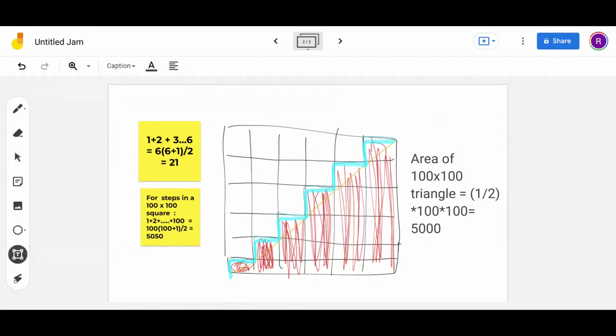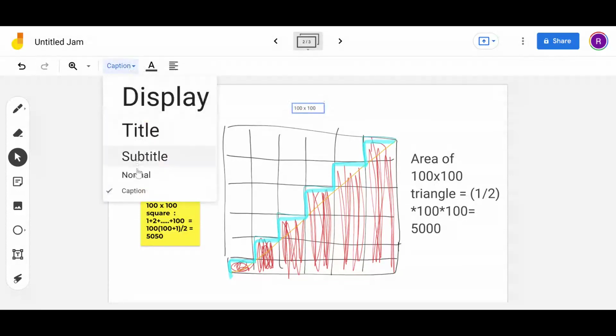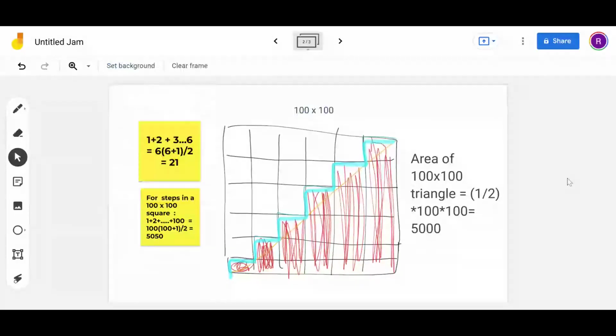Here this was 100 by 100, right? Now instead of 100 by 100, I want to use the same idea.